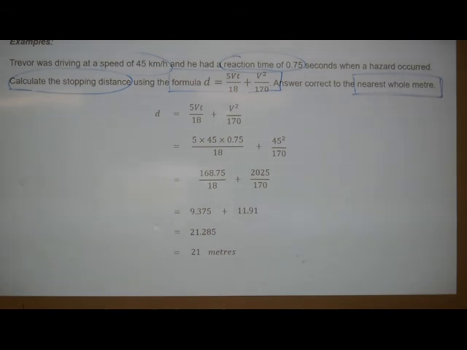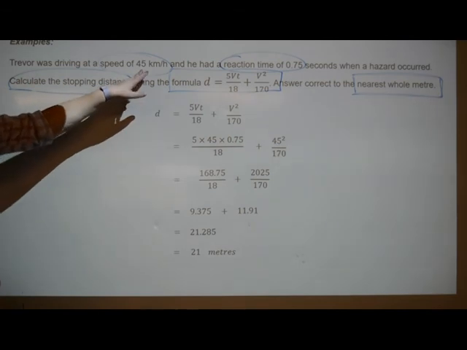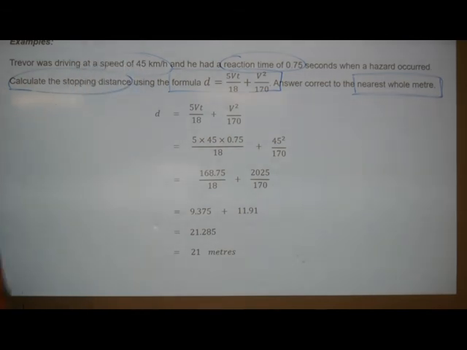Think about what 2 car lengths is. 2 car lengths is not 21 metres, is it? This is one of the reasons why we must be obeying speed limits. If you really wanted to, you could work that out at 40 k's and see if he actually stops in time at 40 k's. But if you're going 5 k's over the speed limit, that's why we have 40 k zones around schools.